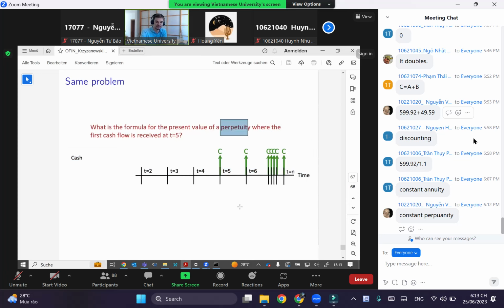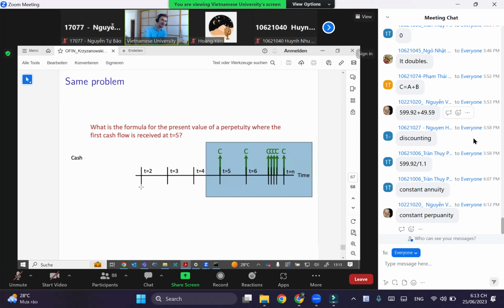But anyway, the most important factor for you in calculating delayed payments of a constant stream, be it annuity or perpetuity, is that you need to account for the delay.